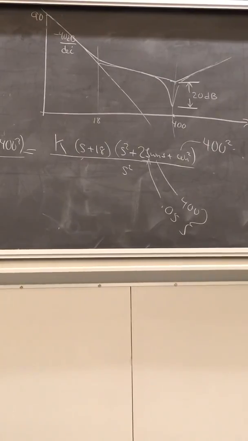Now we look for our flat region to figure out our K value. And I tricked you, there's no flat region. We did start at 90 at 1. Yeah, that was pretty clear that we started at 90 at 1.